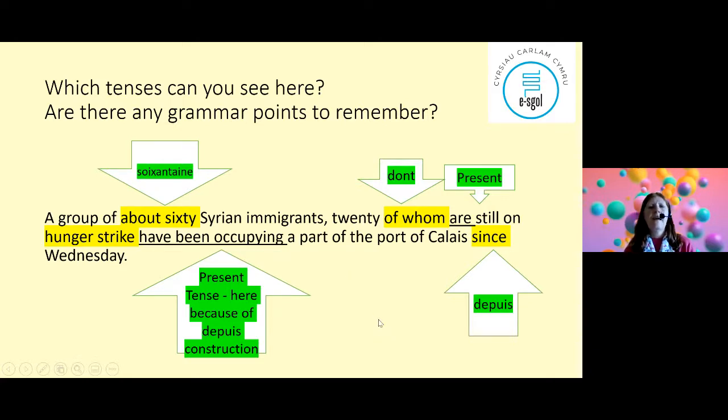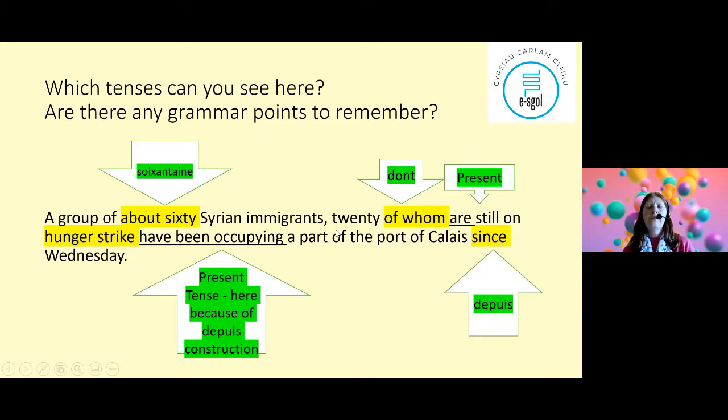So if we look at them together, if we start at the top, I've highlighted about 60. And in French, this would be soixantaine. So what you need to remember when you're translating a number with about in front of it is that you add the ending N to the number. Sometimes with soixante, you'd actually drop the E as well.